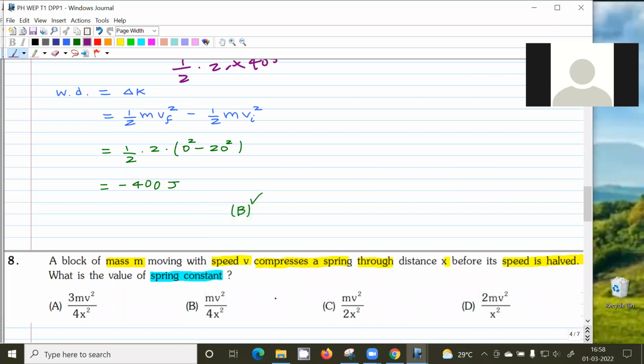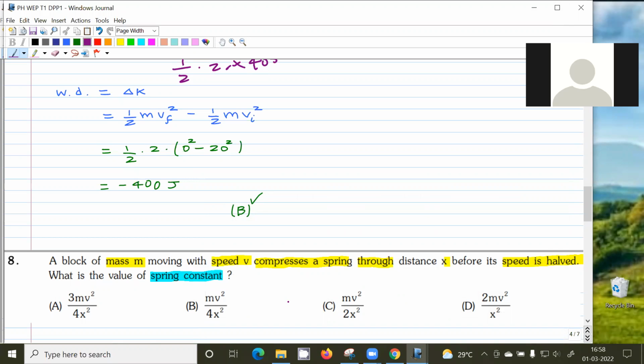Got the answer? What is the value of the spring constant? Work done with spring force is half k x square only, no, sir? Yes, spring energy.